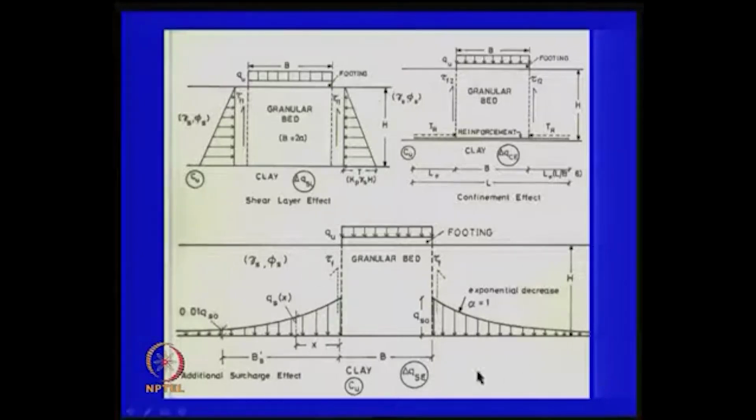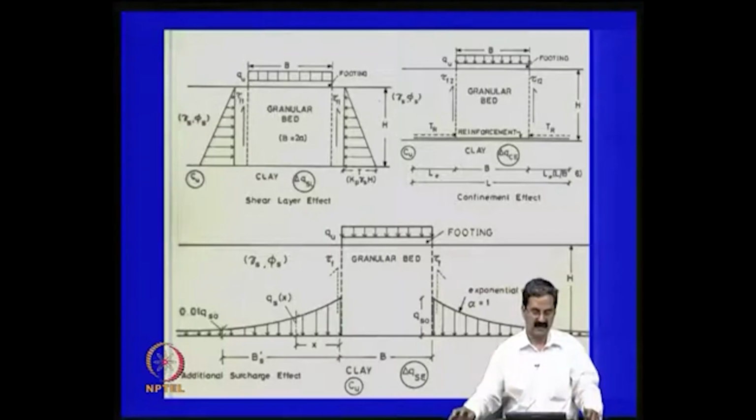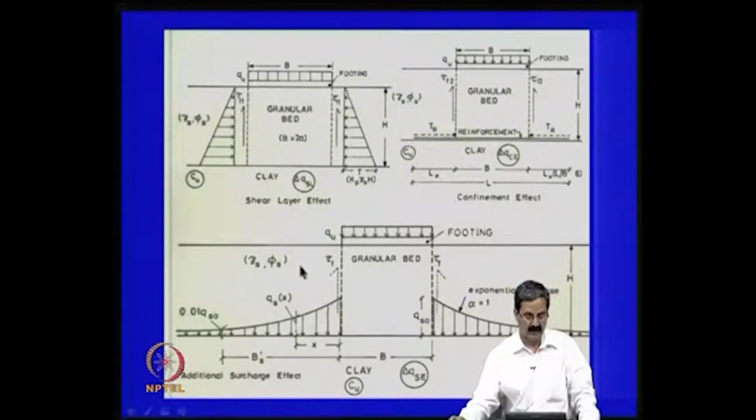When you place a reinforcement, it is not just about its confinement effect; the additional surcharge effect is also there, like there is a load applied on that, and it is valid up to, say for example, the length of the reinforcement, up to 0.01 of the shear stress distribution, okay. These three things are very important, and if you are able to compute all three, then bearing capacity improvement is possible even in the case of soft soil.